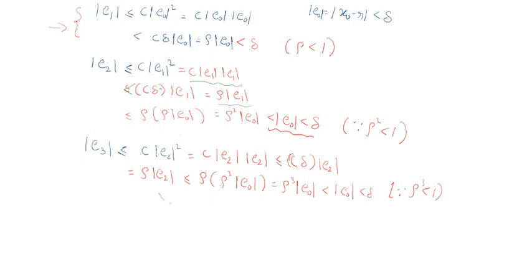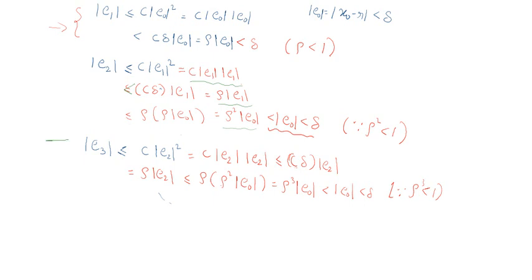But mod E1 is less than rho times mod E naught, so if you replace it, you have rho square times mod E naught. So mod E2 is less than or equal to rho square times mod E naught. Since rho is less than 1, rho square is also less than 1, so rho square times mod E naught will be less than mod E naught, and strictly less than delta.